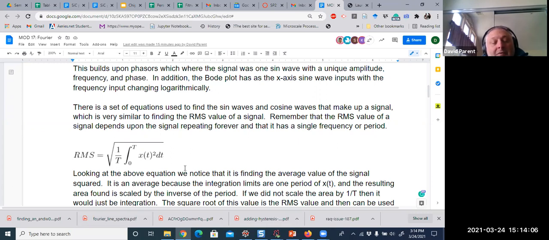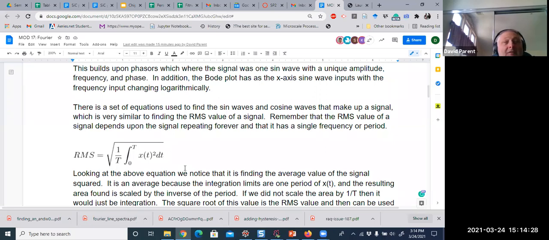And what we're trying to do with root mean square is take a signal that repeats and see how much energy or ultimately power that signal will carry when you compare it to a DC signal, right?